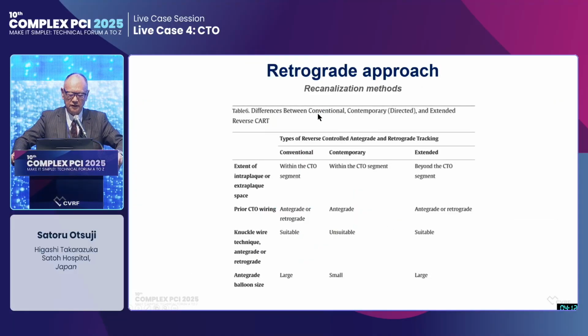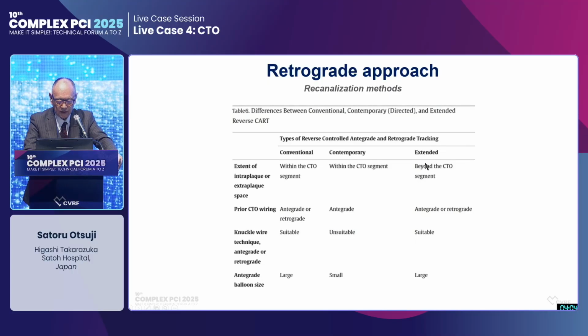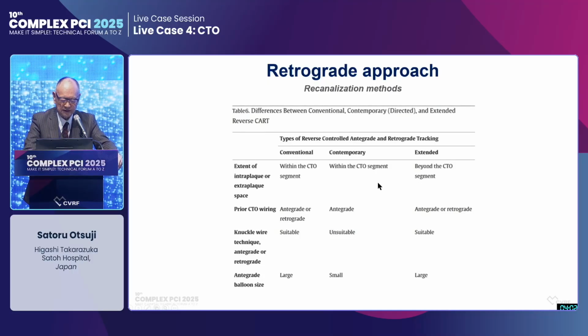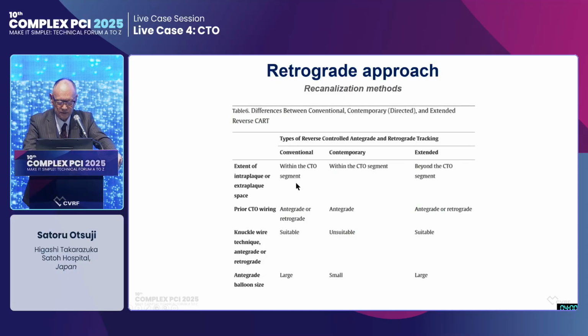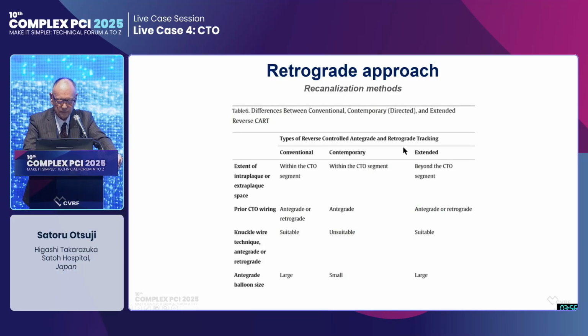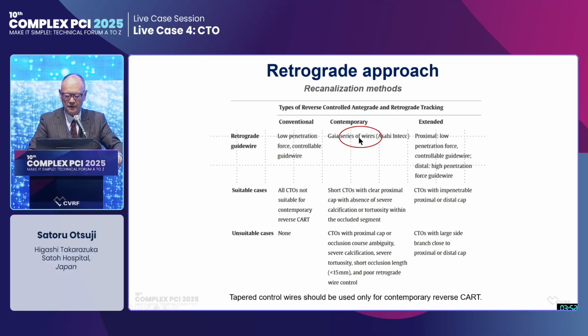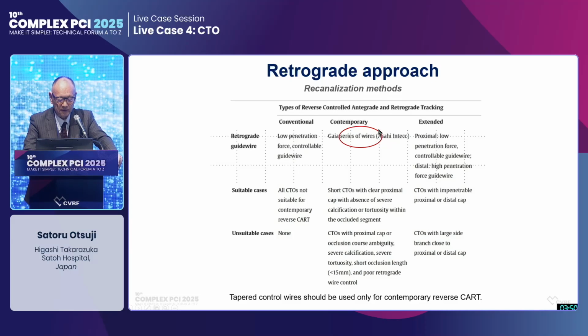How to connect the two lumens? One is conventional, one is contemporary, and the other is extended reverse guard. But the significant difference is among these procedures. I think the contemporary reverse guard and Gaia 3 is effective.